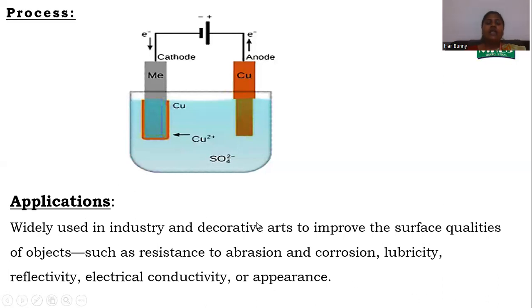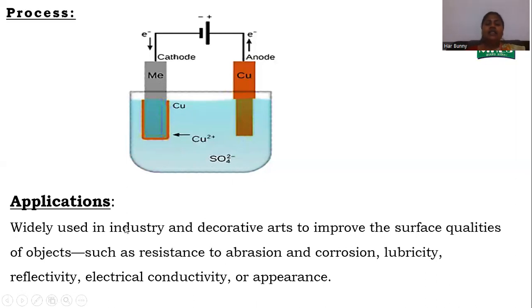So if you can see decorative items, those are nothing but jewelry, right? Copper coated jewelry will be there, and also you can see the phone cases, right? The back pouch of the phone will undergo this kind of electroplating process. Okay, so like that, decorative arts.